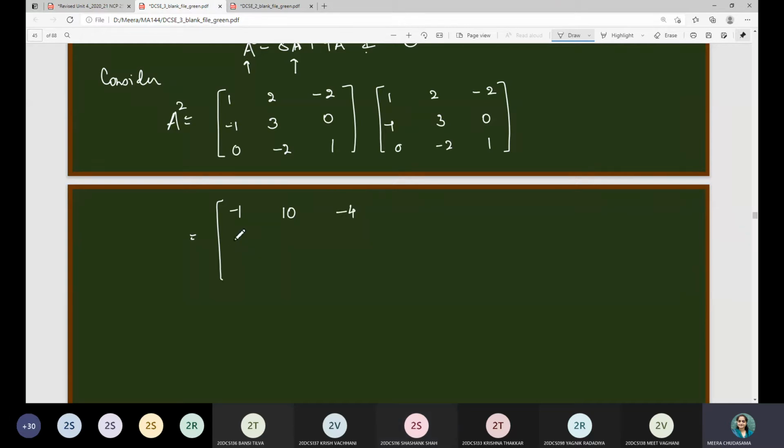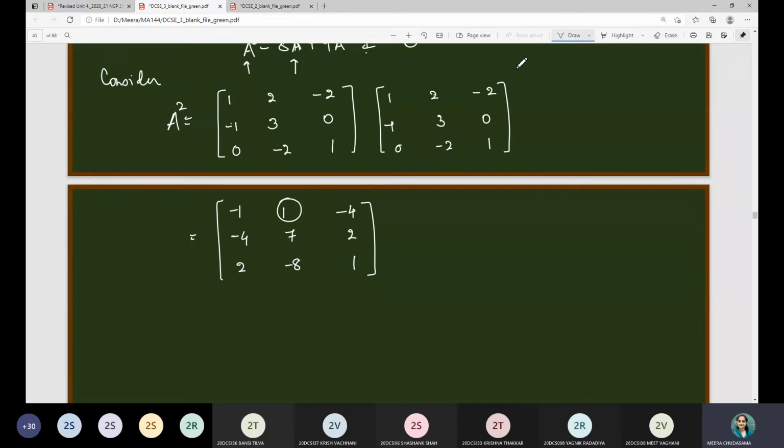Minus 4, 7, 2. 2, minus 8, 1. Those who have computed, are you getting the same matrix? No, instead of 10 it is 12, ma'am. Yes, this entry is first row, second column. Yes, ma'am, 12. First row: 2 plus 6 plus 4, right? So it will be 12.